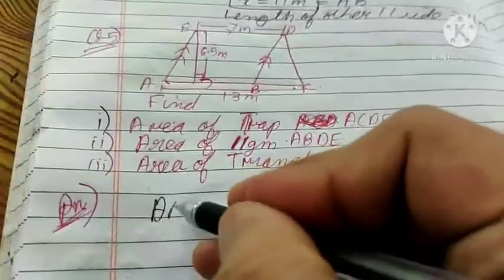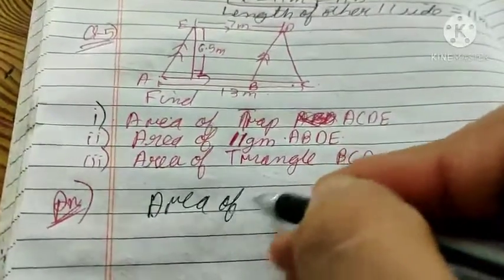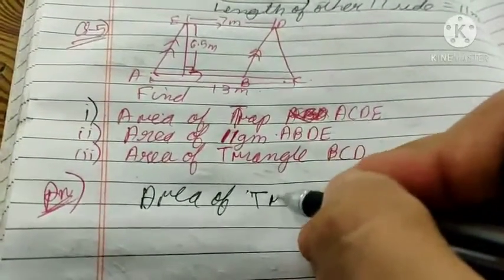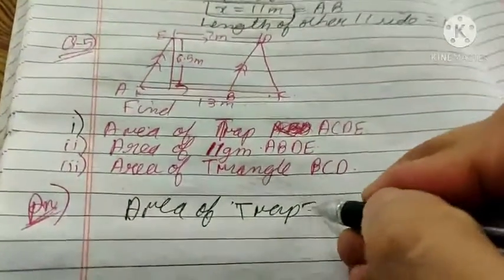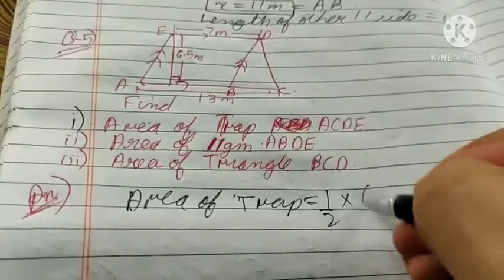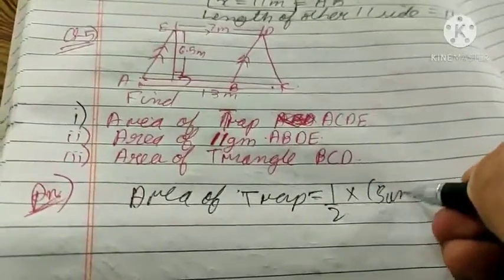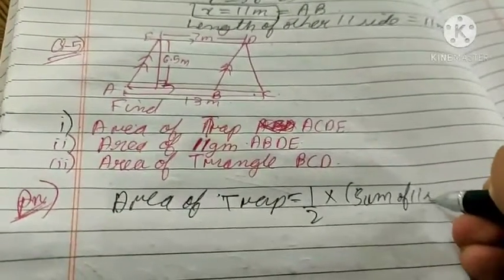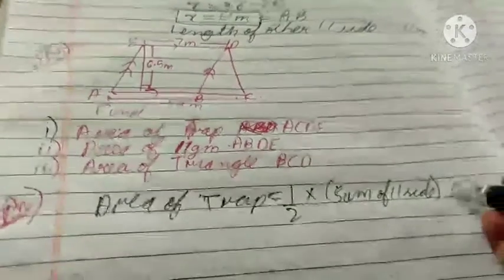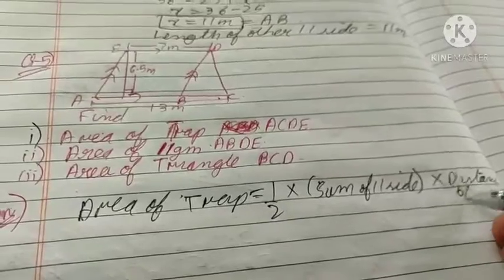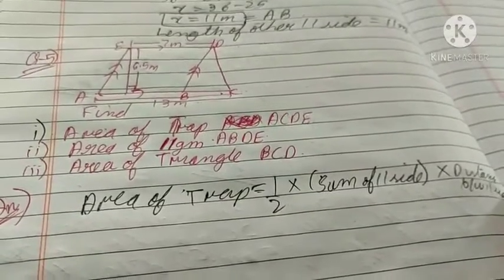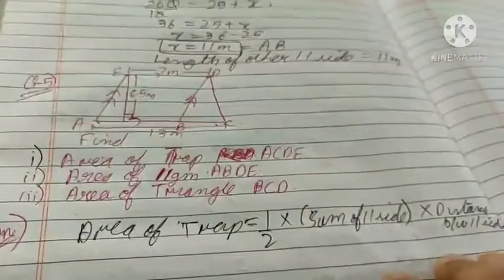So area of trapezium ACDE. Area of trapezium has a formula of half into sum of parallel sides into distance between parallel sides.